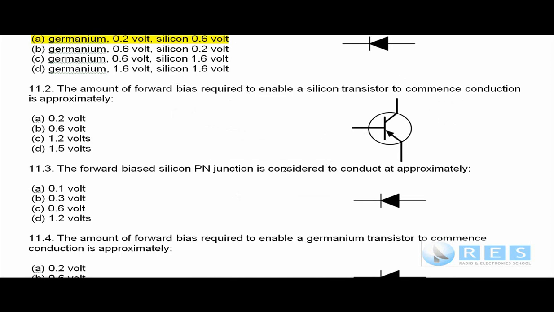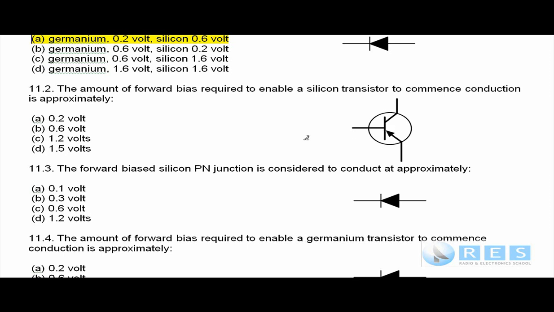Question number 11.2. This question is related to the first question. This is a transistor. You're seeing the symbol here of a PNP transistor. If it was an NPN transistor, the arrow would be pointing outwards. If you think of the arrow pointing outwards, never points in, the arrow never points in, NPN.